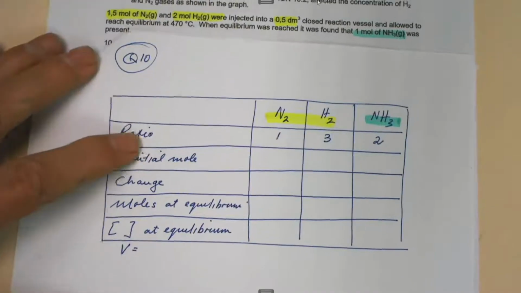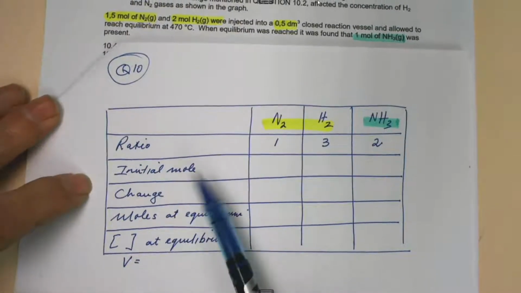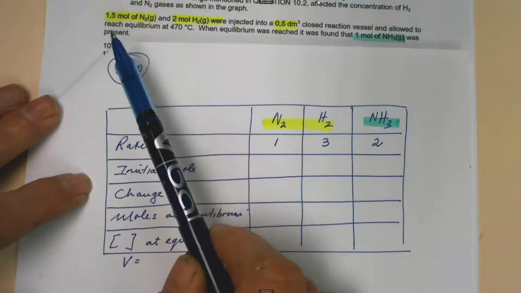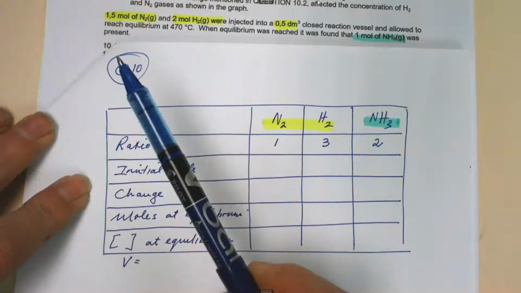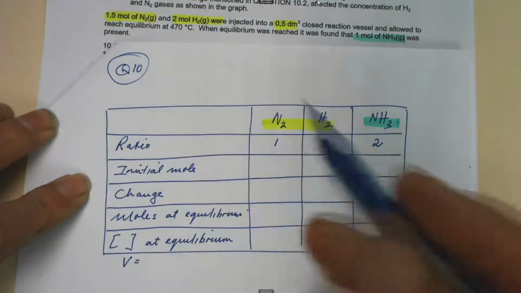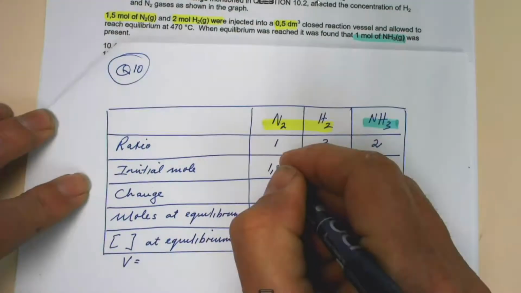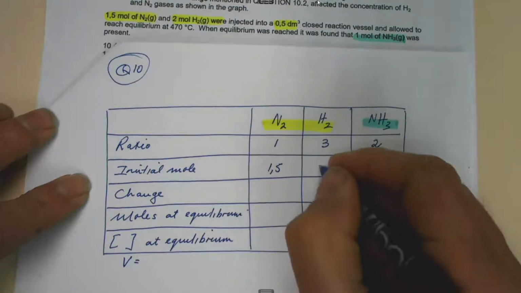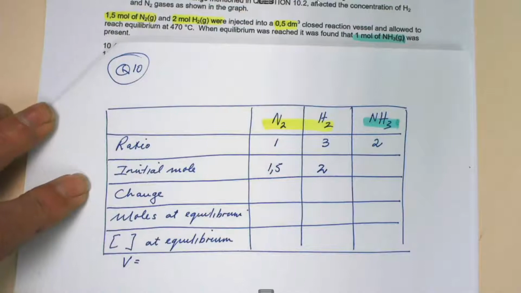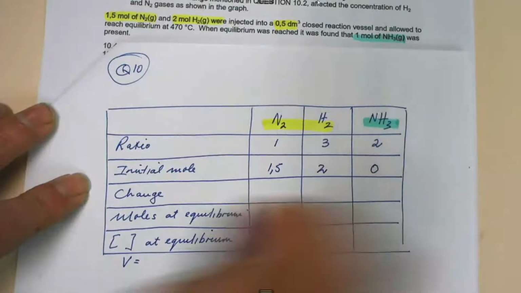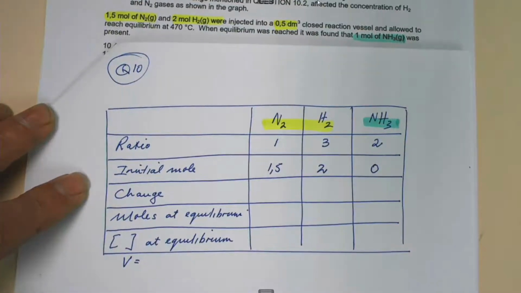Now I look at, did they give me anything with what I started? I started with 1.5 moles of N2. So here I can put in 1.5. And I started with 2 moles of H2. And you will agree that I started with 0. Nothing was present of the ammonia when this reaction started.